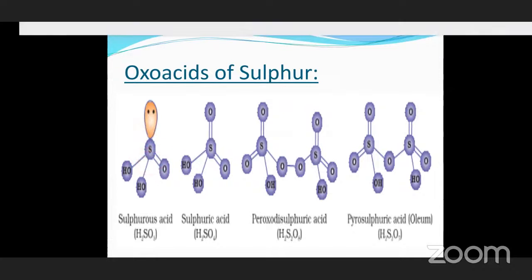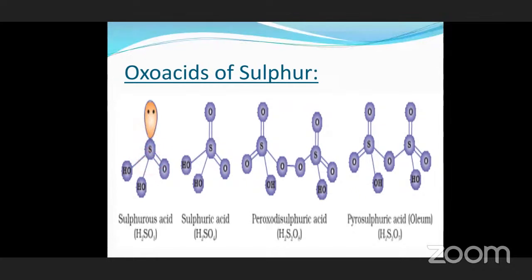Always, in between sulfur and oxygen there is one double bond, and hydrogens are always combined with the oxygens. So there are two HO groups, one S double bond O group, and one lone pair of electrons present on the sulfur. So this is about sulfurous acid.